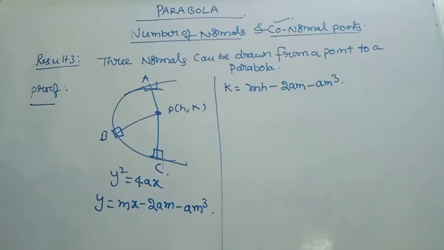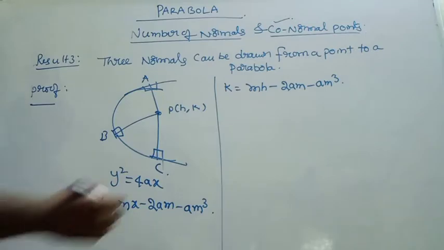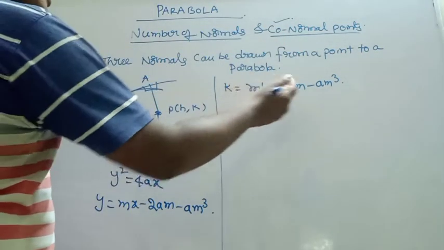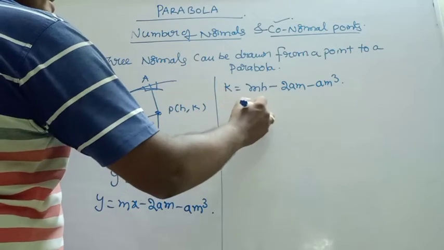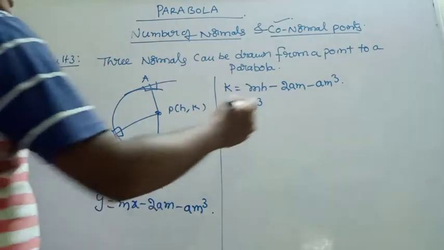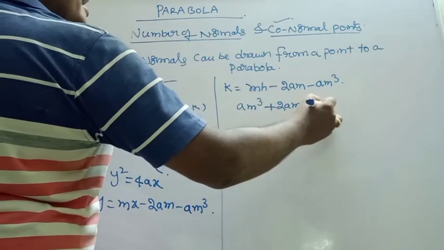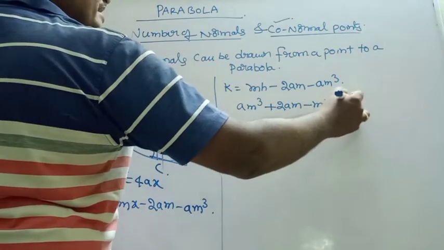That is nothing but am cube, plus 2am minus mh plus k equal to 0.